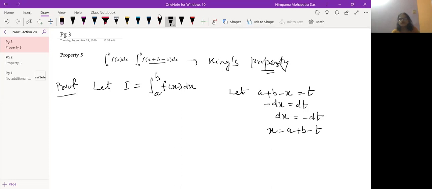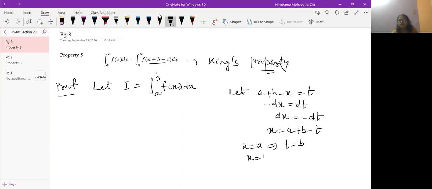Now let's change the limits. When x equals a, t equals b.